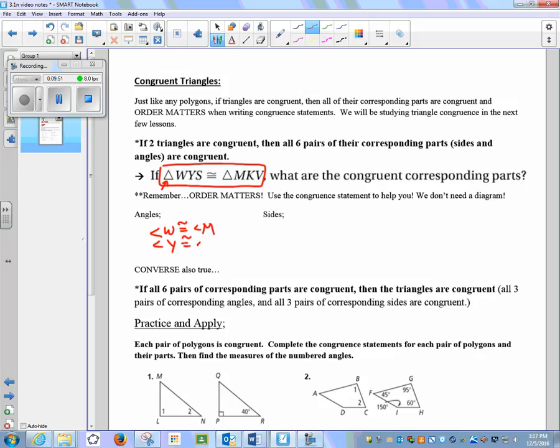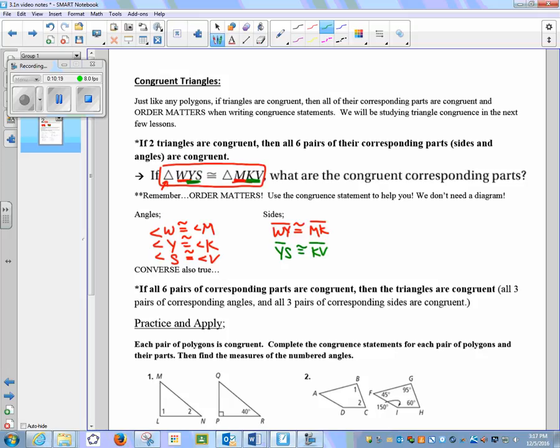Angle K, good, and angle S congruent to angle V. And then the sides, you would have WY, first two letters go with first two letters. So WY congruent to MK. Second two letters, YS congruent to KV.